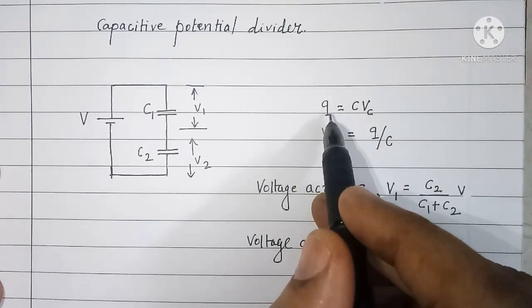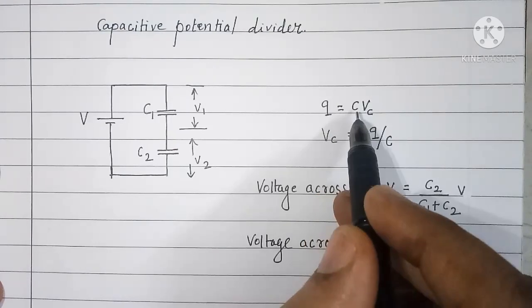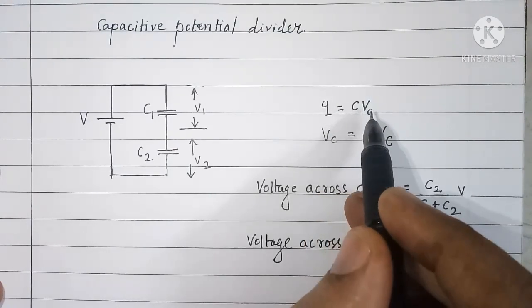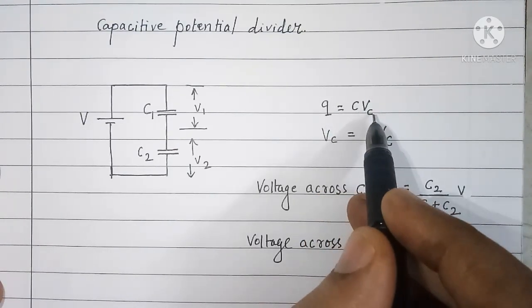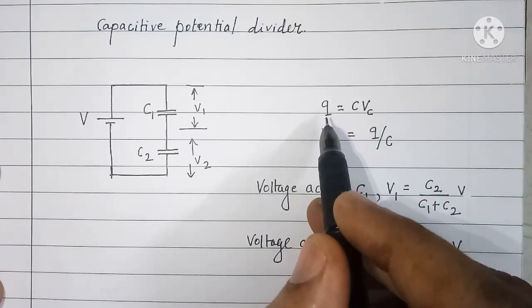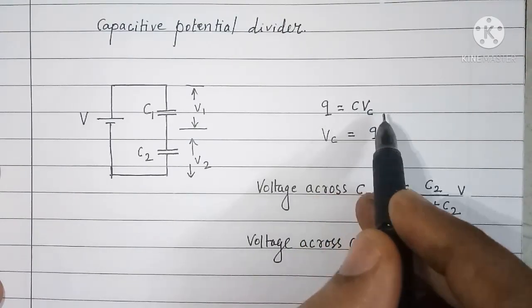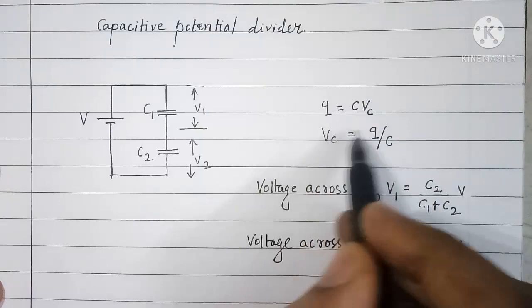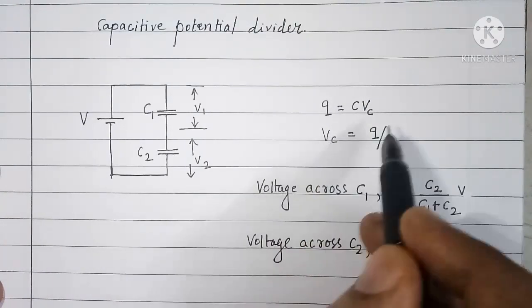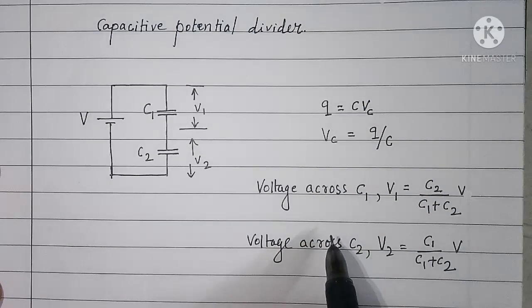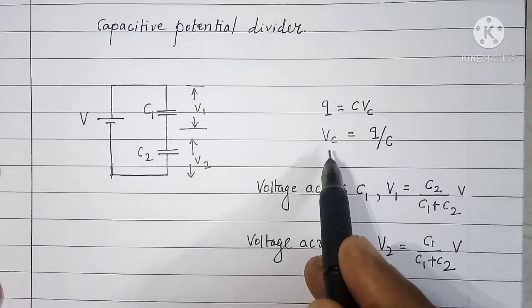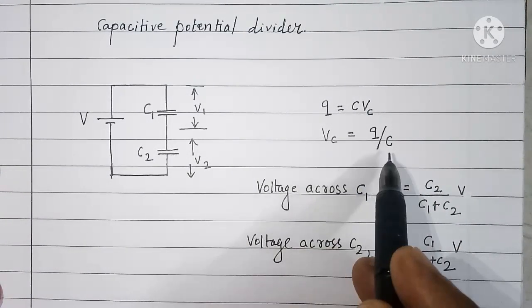We know the relationship between charge on the parallel plates of a capacitor, capacitance, and voltage across the capacitor Vc, that is Q equal to C into Vc. From this expression we can write Vc equal to Q by C. So voltage across a capacitor is inversely proportional to its capacitance.